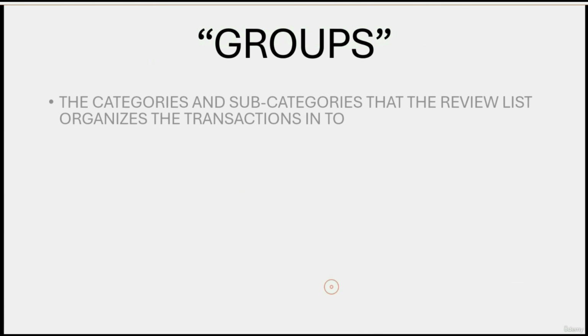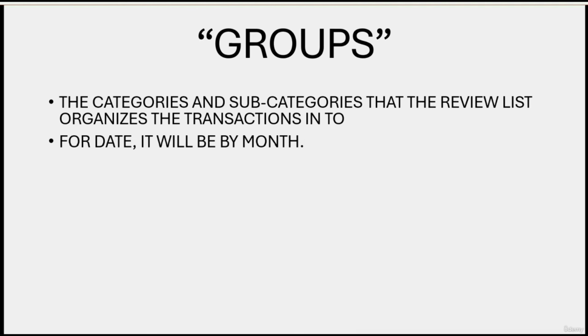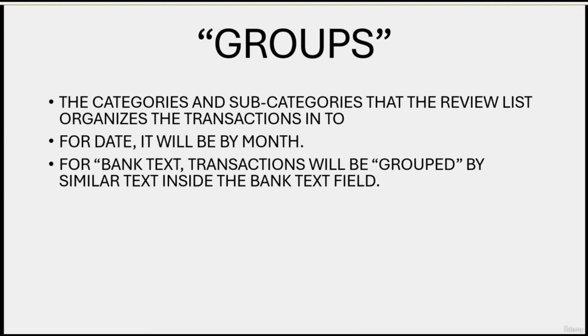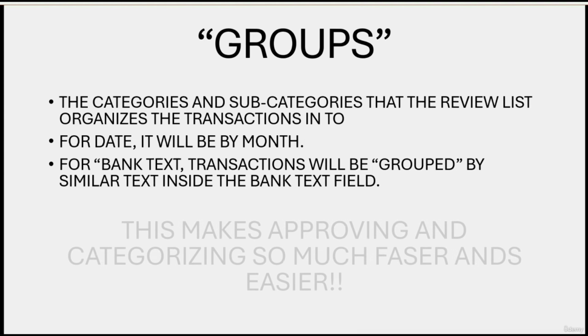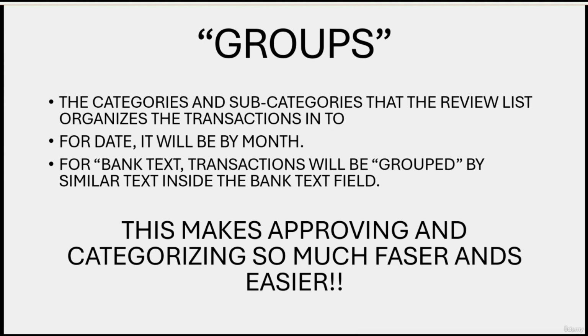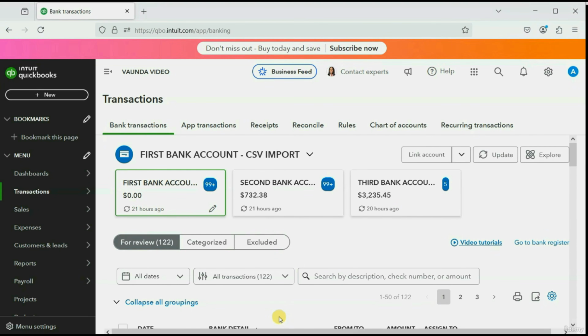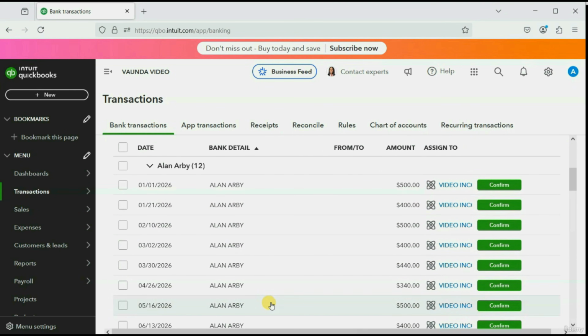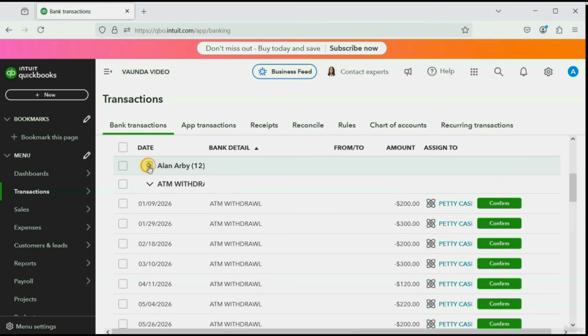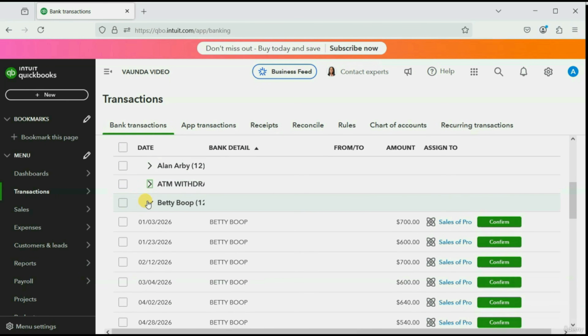You see, groups are categories and subcategories that the review list organizes the transactions into. For date, they'll organize your transactions by month. But if you group by bank text, then the transactions will be grouped by similar text inside the text field. And this makes approving and categorizing much easier and much faster. In fact, if you really want control, you can click the down arrow next to the name of the group and collapse the group, collapse the group, collapse the group.